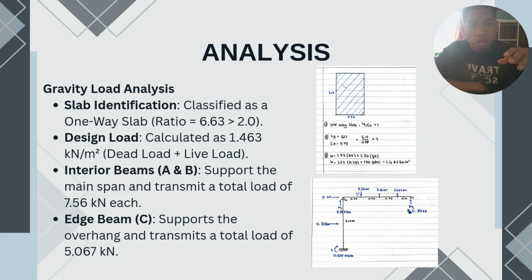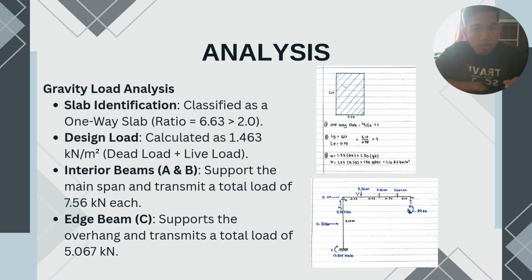So the ratio is 6.63, that is greater than 2. And that is the design calculation. The design load is calculated as 1.463 kilonewton per meter square. It's both the dead load and live load, with the assumption of safety and other loads. Interior beams A and B support the main span and transmit a total load of 7.56 kilonewton on each beam.